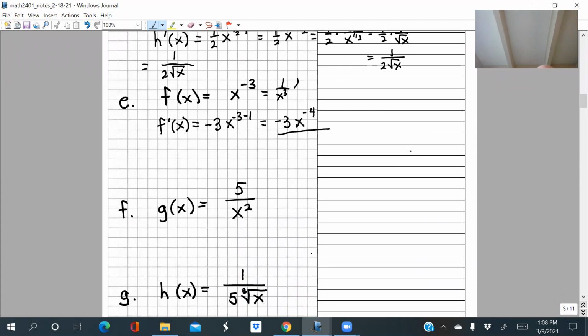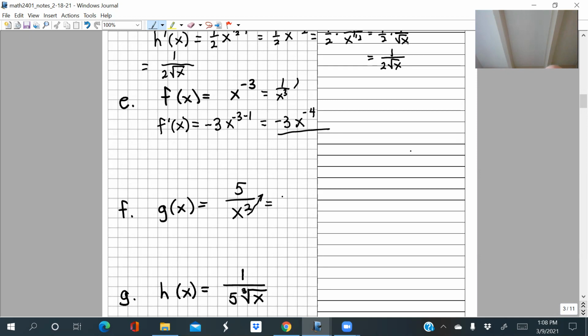All right, so how about this function, 5 over x squared? Well, this is not quite a power because the x squared is in the denominator here. But we can turn this into a power really easily by moving the x squared out of the denominator up. So when you do that, you have to change the sign of the exponent.